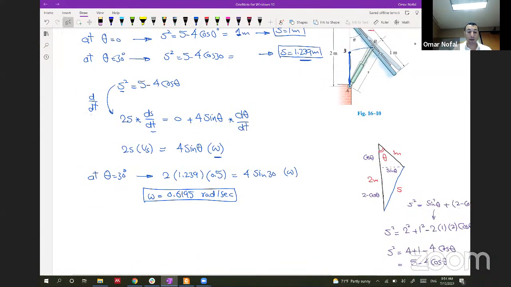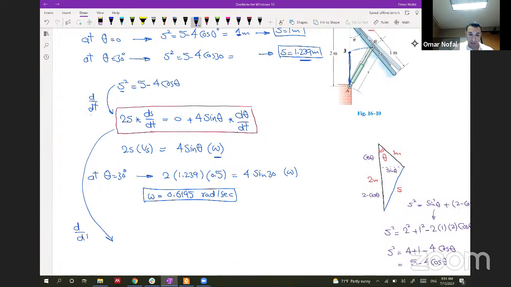So the second requirement, we need to differentiate the equation that we got here one more time with respect to t. So let's do it. It's a little bit harder, but we can do it. So if we differentiate 2s one more time, it will give us 2 ds/dt, and we have another ds/dt outside, so this will be squared, and then we will differentiate the second term with respect to s.